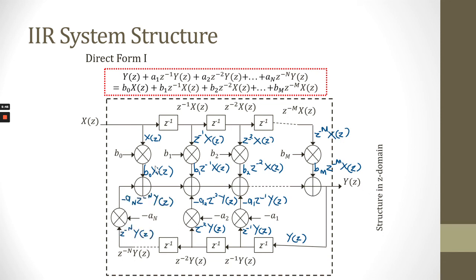So Y(z) equals b0 X(z) plus b1 z^-1 X(z) plus b2 z^-2 X(z), and so on, minus a1 z^-1 Y(z) minus a2 z^-2 Y(z), and so on up to minus aN z^-N Y(z). After you rearrange this equation, the top part and lower part, you will have the same equation as this one.